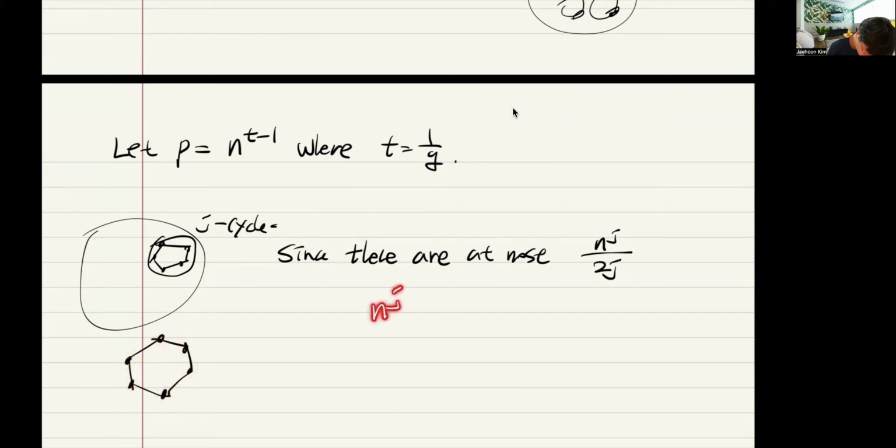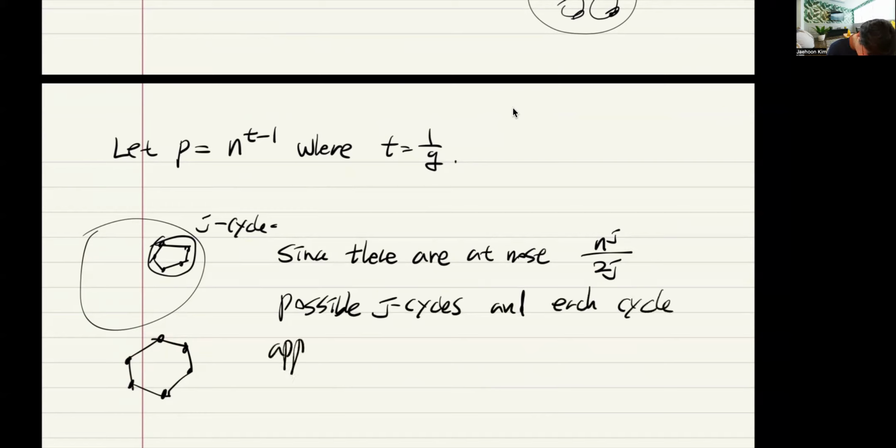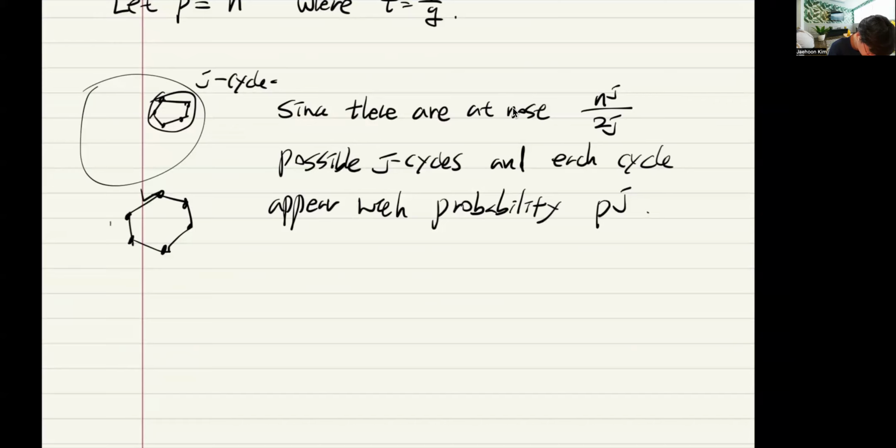So you choose at most n to the j tuples of j vertices, and out of them 2j ways give the same cycle. So there are at most this many possible j-cycles, and each cycle appears with probability p to the j: this edge is there, this edge is there, all with probability p, and you multiply them.